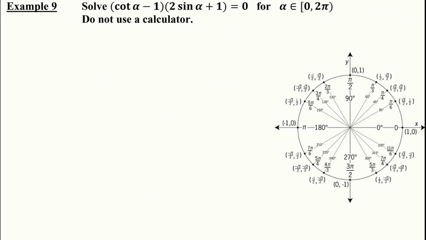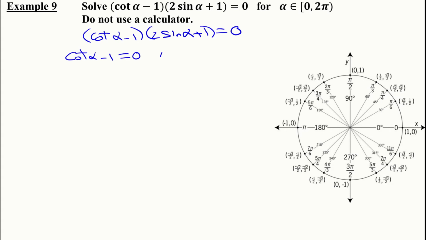All right, so here we have a product that seems to be in factored form already. So it's actually ready for a quick application of the zero factor property. So we go ahead and set each of those factors equal to 0.